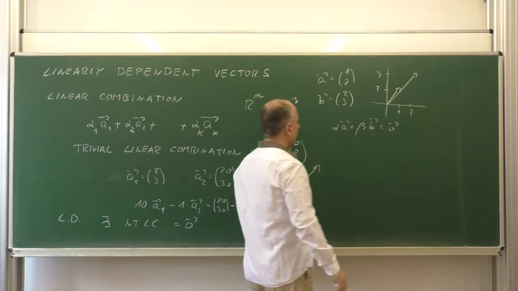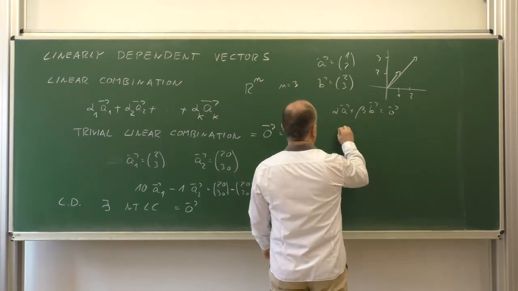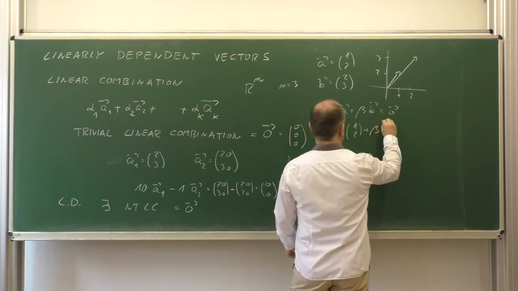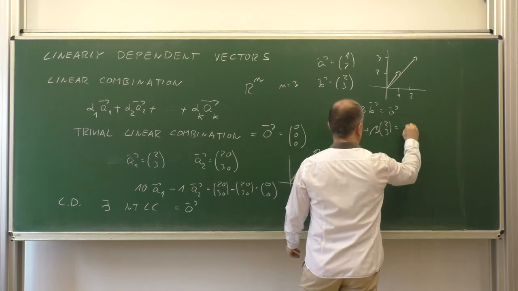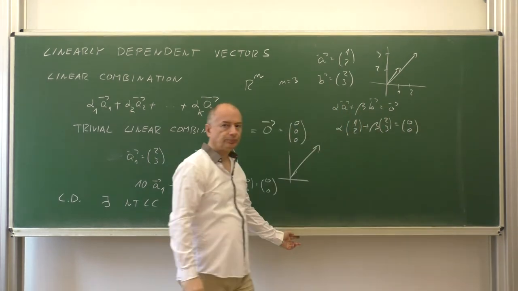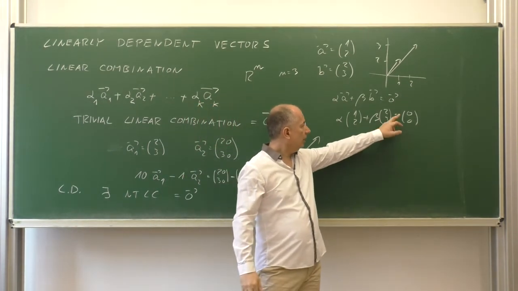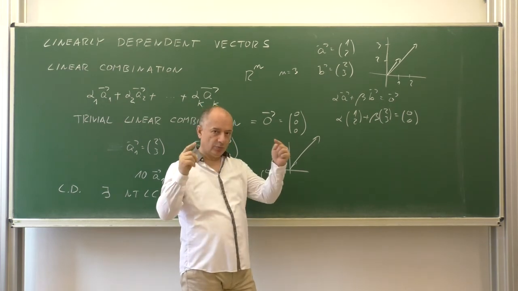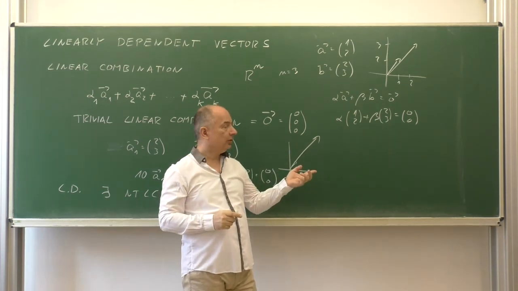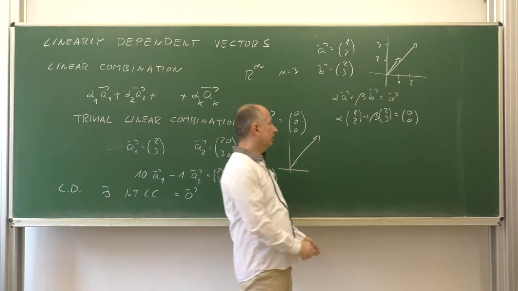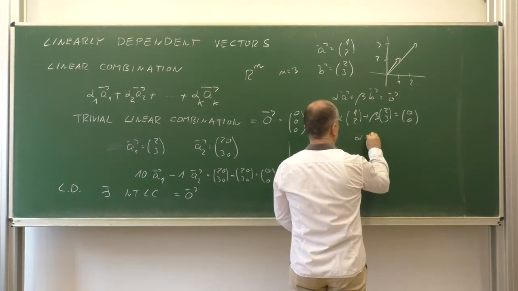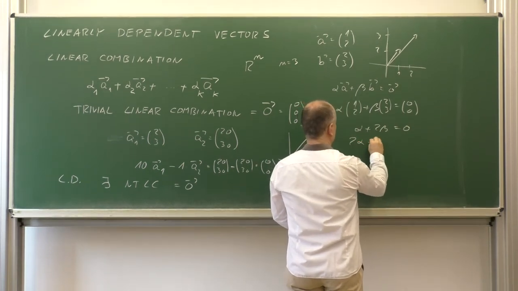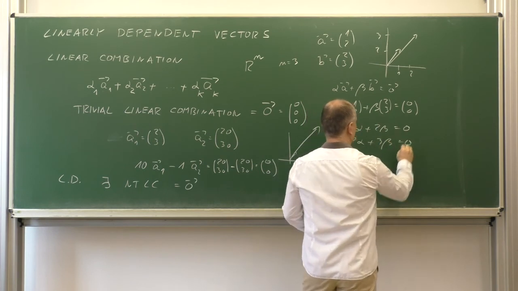Okay, let's show this. So alpha times the vector A plus beta times the vector B should be 0. So this is equality between two vectors, and that means that the first component on the left must be equal to the first component on the right, and the same for the second component. So alpha plus 2 beta must be 0, and 2 alpha plus 3 beta must be equal to 0.